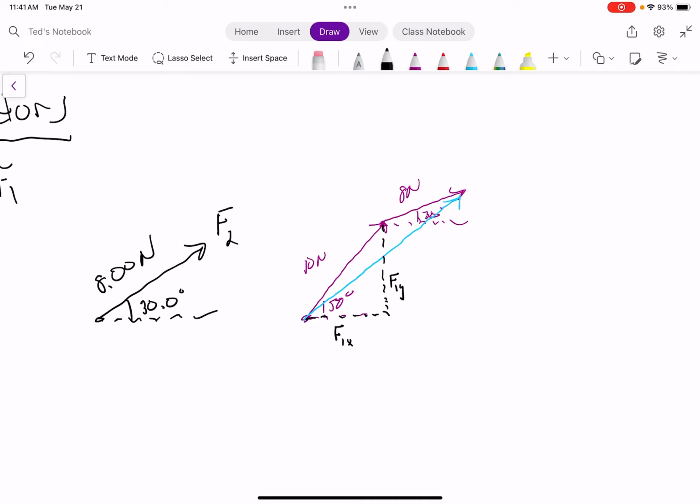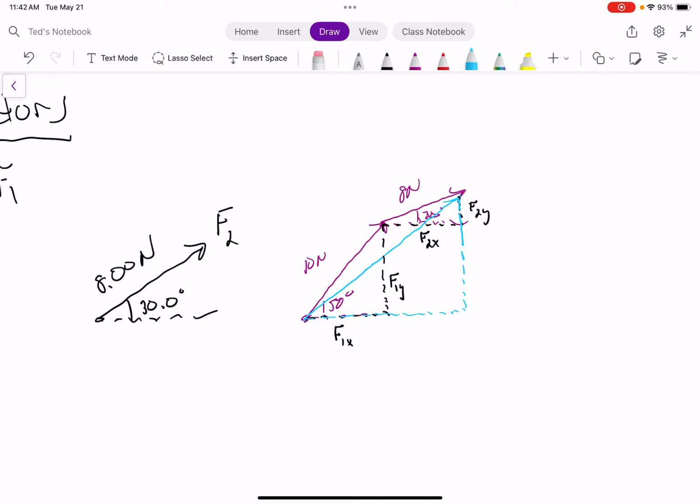And force 2 also has an x component, f2x and f2y. And if we look at the answer, the blue vector that is the result of adding these two forces, it also has an x component and a y component.